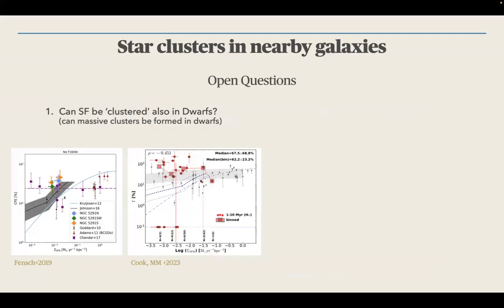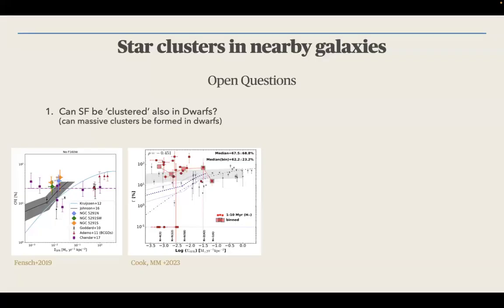I wanted to mention a few open questions which I think are interesting in this regard. One is about dwarf galaxies, because it's been noted recently, in the same plot as before, and again on the x-axis the star formation rate density of the galaxies, that in some cases dwarf galaxies have very high cluster formation efficiency.